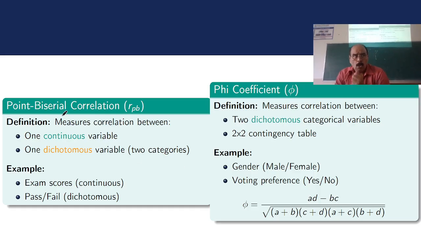Similarly, we have other kinds of coefficients like phi coefficient, point biserial correlation, etc., which are better for continuous and dichotomous variables. All these are just for your information.